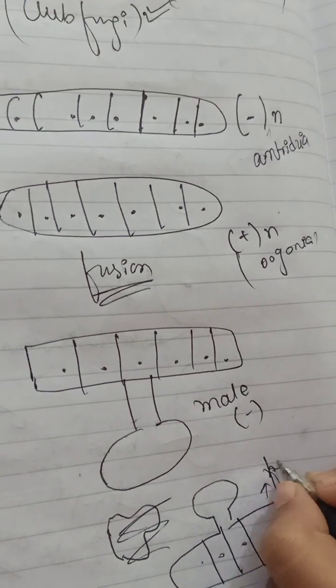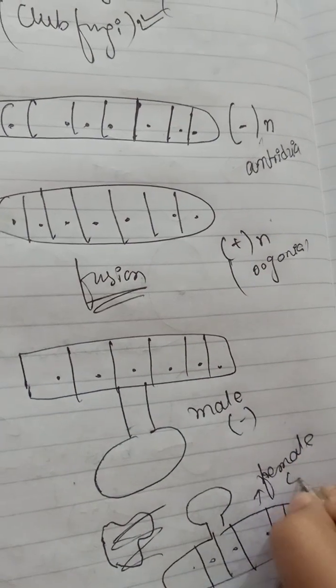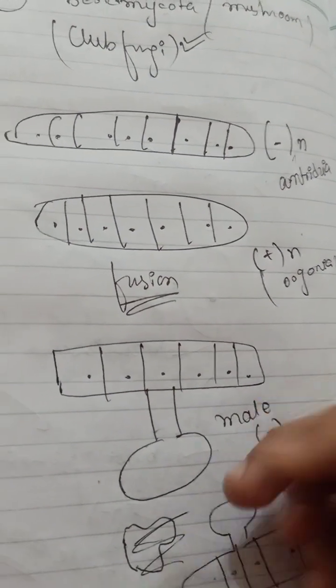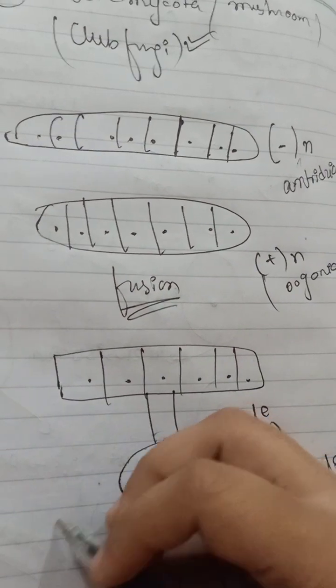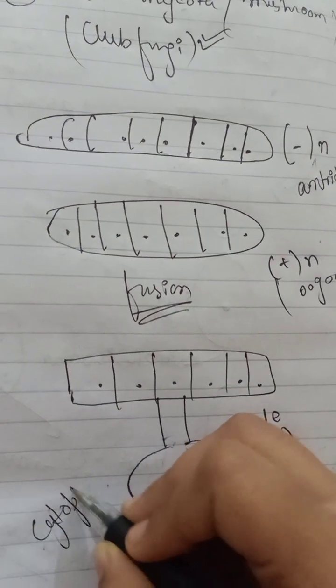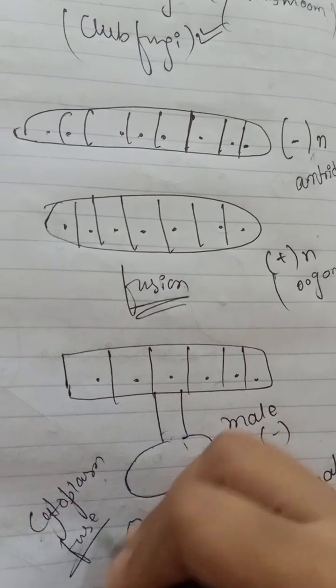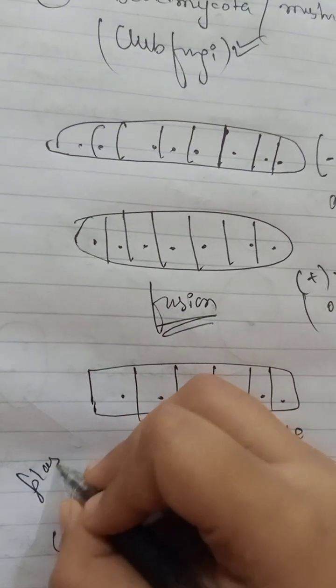This is of female, the positive one. This is the plasmogamy, when of course the cytoplasm gets fused. Both cytoplasms get fused. We are calling that plasmogamy.